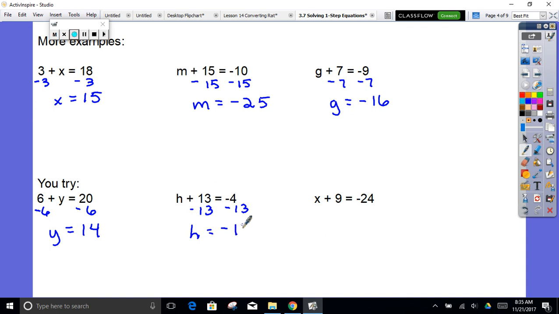Good. Jake, last one. X equals negative 33. Tell me what to do. You put minus 9 under the 9, and then minus 9 under the negative 20. Okay, good. So x equals, what did you say? Negative 33. Good. Okay, any questions about any of these?